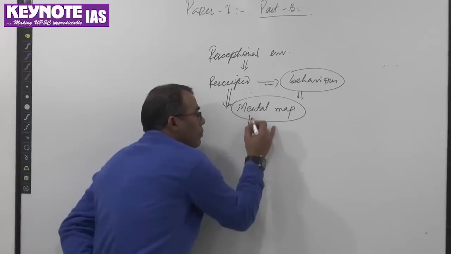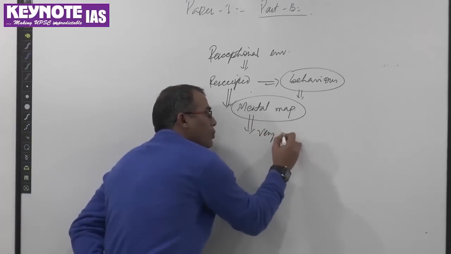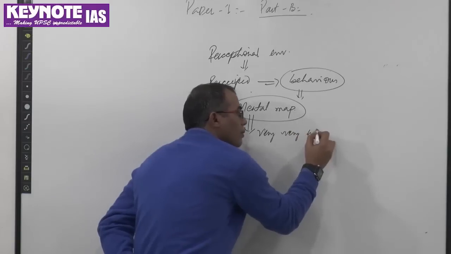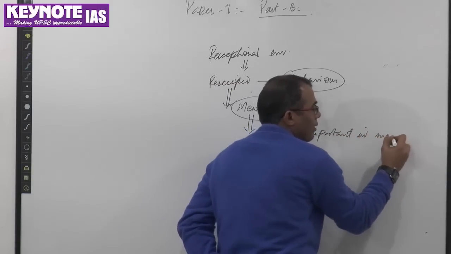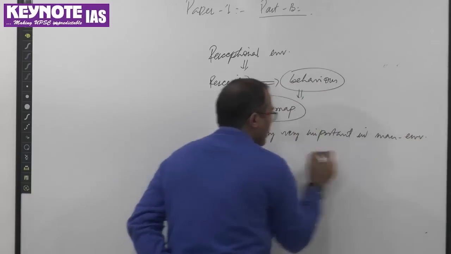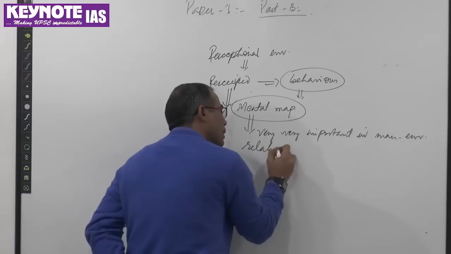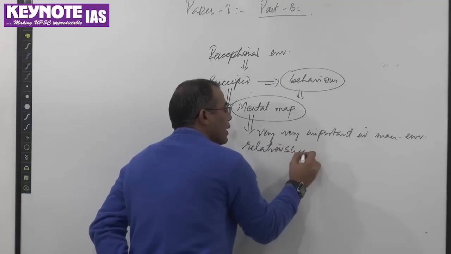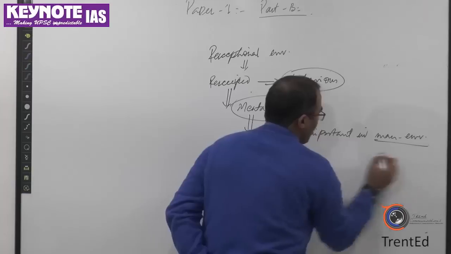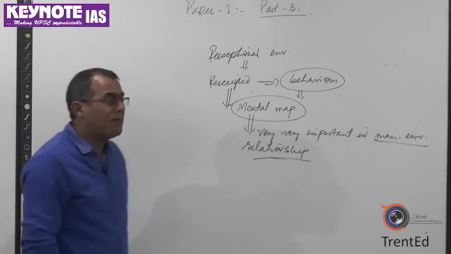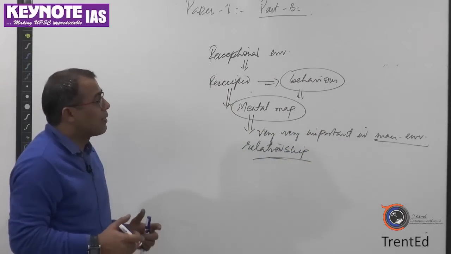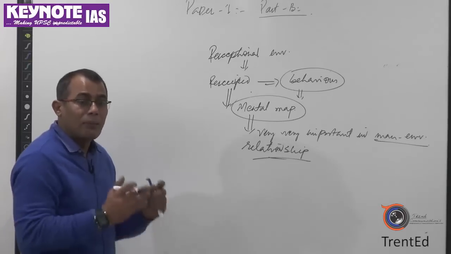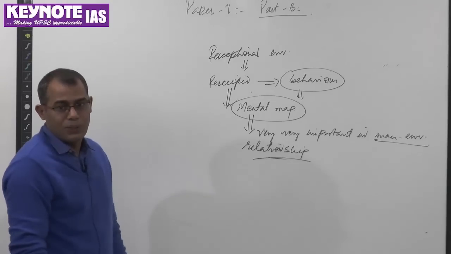And the mental map is very, very important in the man-environment relationship. Ultimately, जब भी आप आंसर लिखेंगे इस एरिया में इस टर्म को जरूर आप लाएंगे, because everything we are doing as a geographer is basically trying to simplify the complex reality of the man-environment relationship.